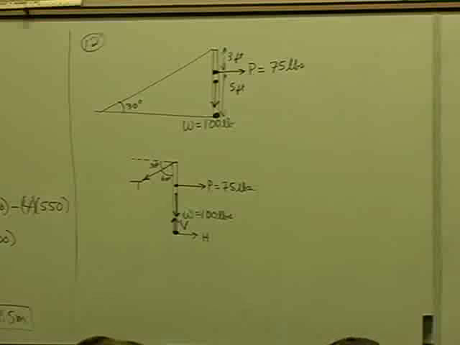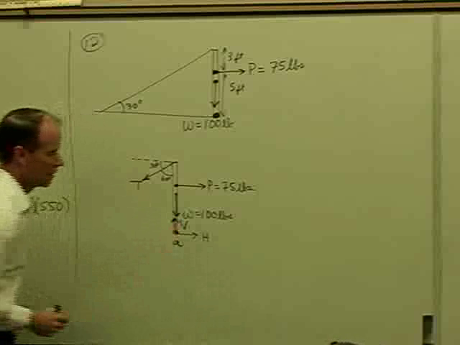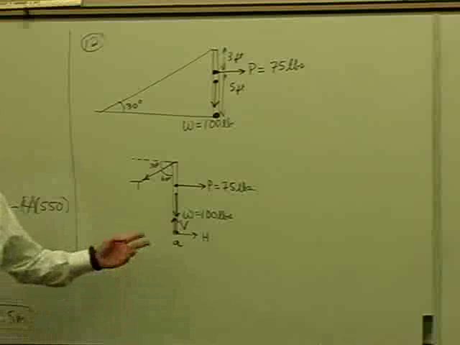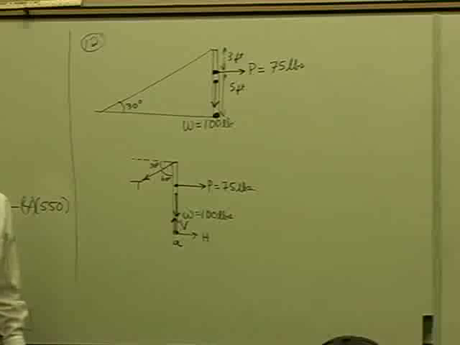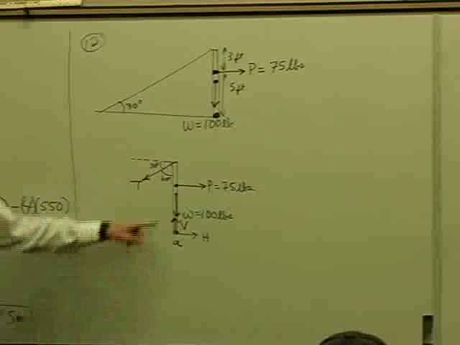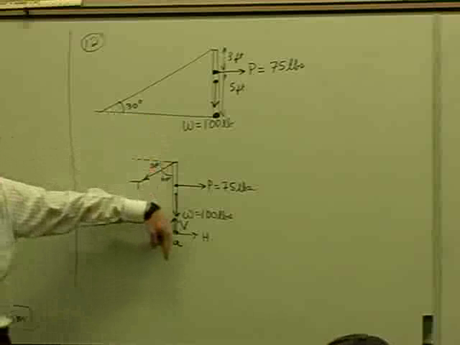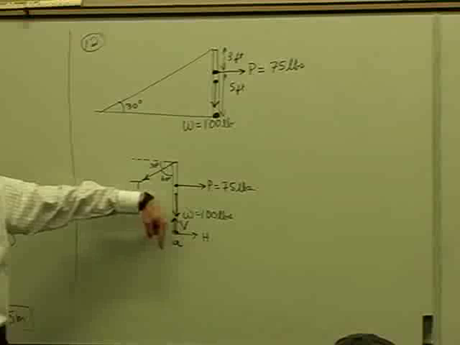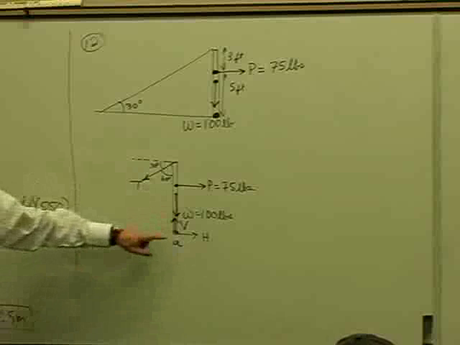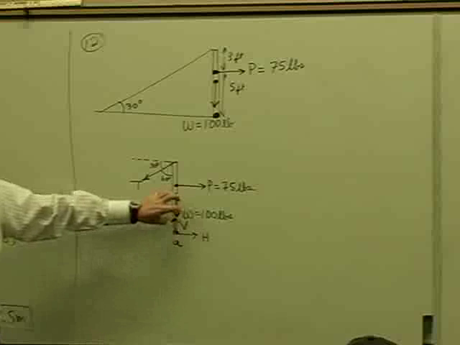Use the pin, because if I choose this pin, which I'll call A, I eliminate two things I don't know, the V and H, from consideration for torques. And for that matter, I also eliminate the weight, because the line of action of that force goes right through that pin, and it has no moment arm about that point. So that's a great choice, because I've eliminated three forces right there.